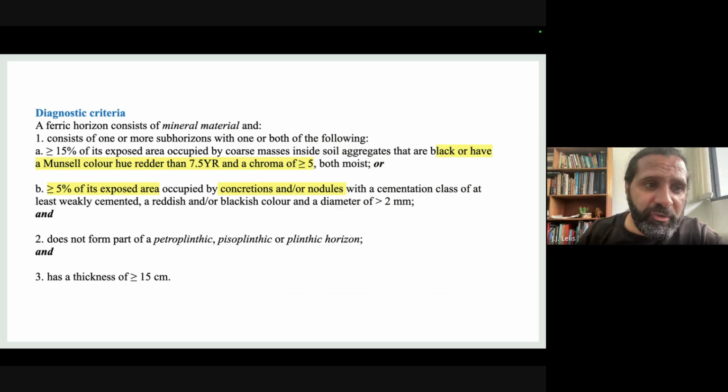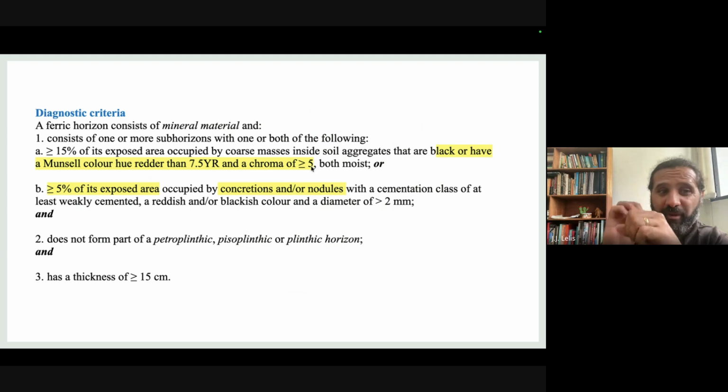So the criteria for the ferric horizon is that it's mineral material, so the content of organic carbon is below 20%. And this ferric horizon consists of one or more subhorizons with one or both of the following: 15% of the area is occupied by coarse masses inside soil aggregates that are black or have a hue redder than 7.5 R and a chroma equal or higher than 5.